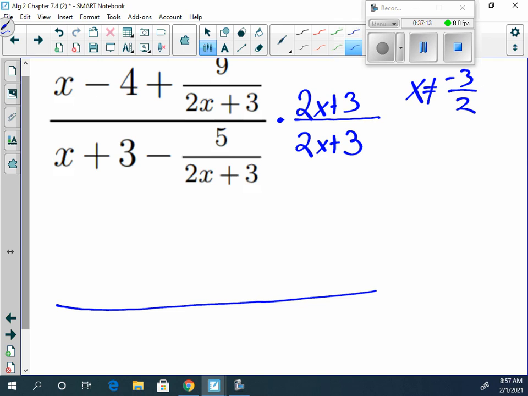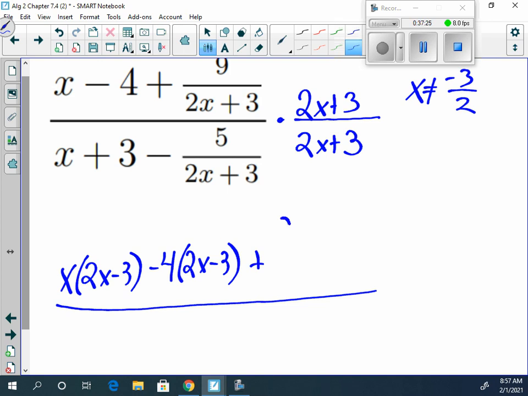So we have to multiply this by each term. So I'm going to have to have x times 2x minus 3 minus 4 times 2x minus 3 plus 9 times 2x plus 3 over 2x plus 3.